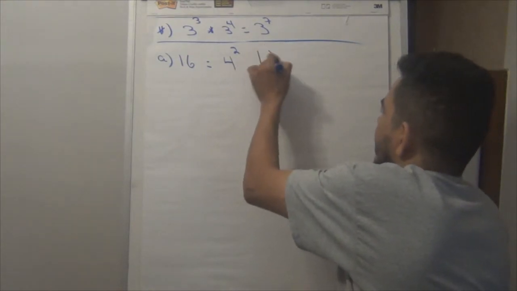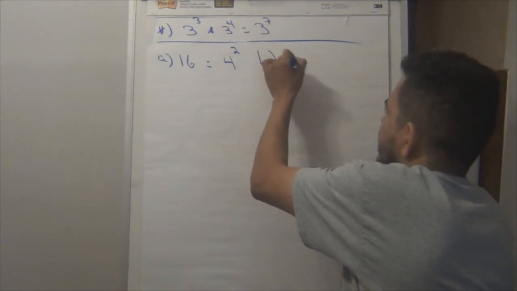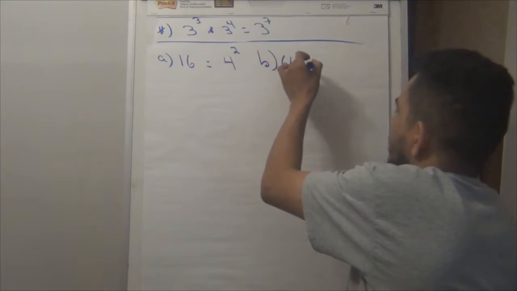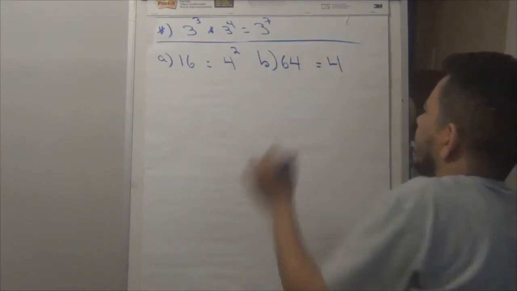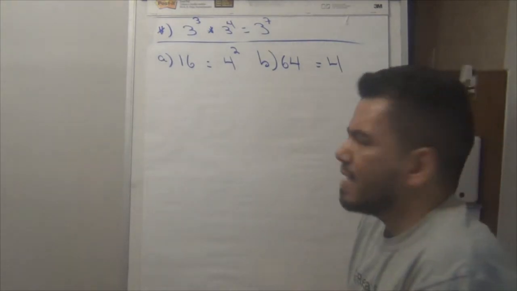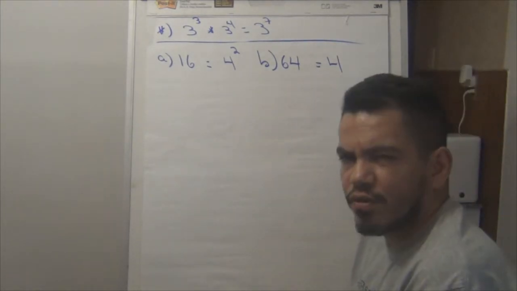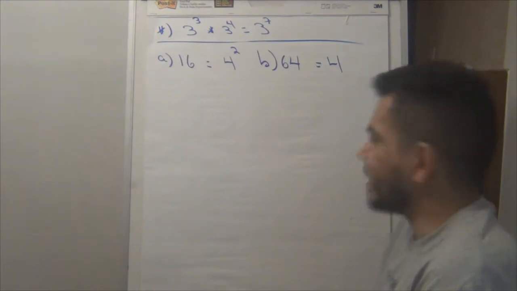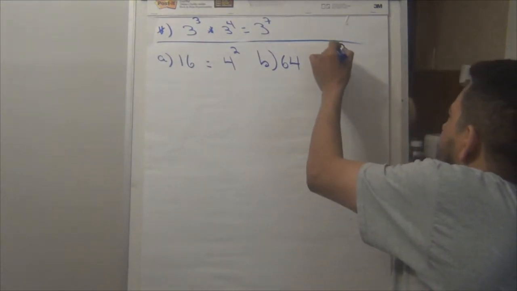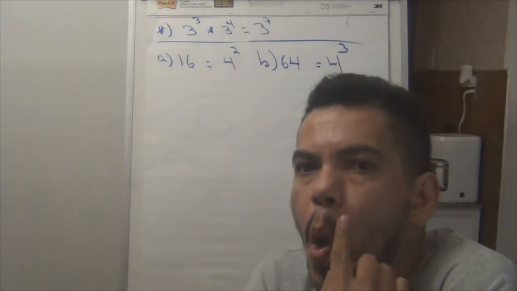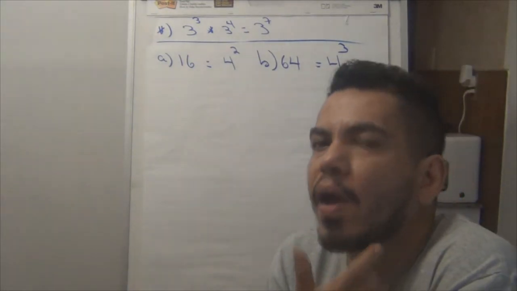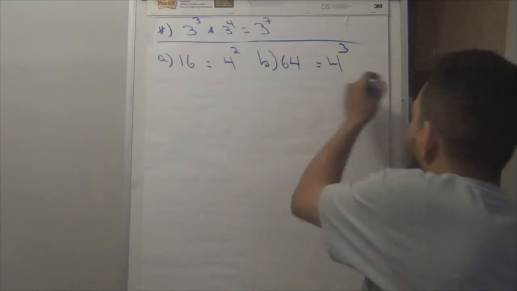B, how can I express 64 as 4 to the something power? So 4 to the something power, let's see. 4 times 4 is 16, times 4 is 64. Oh my god, yes! 4 to the 3rd power. See? Yeah. Alright, so 4 to the 3rd power. Okay, so we're done with that.